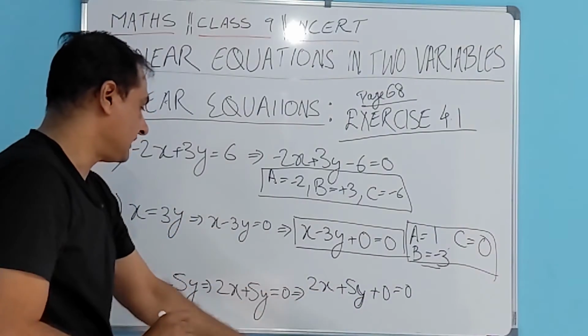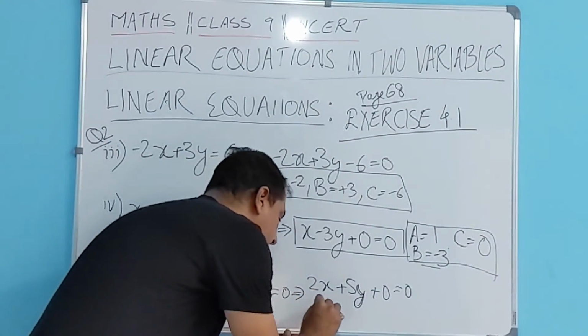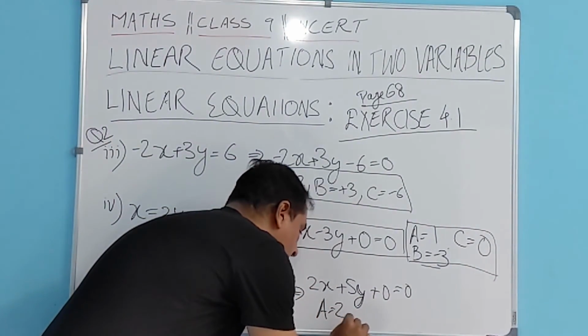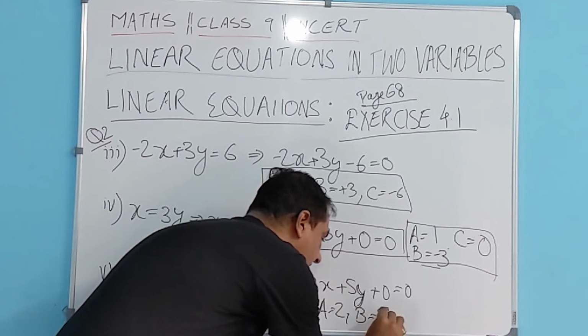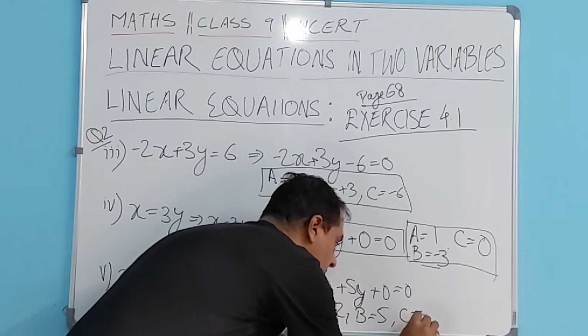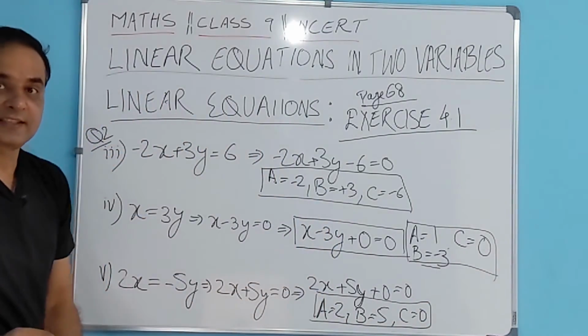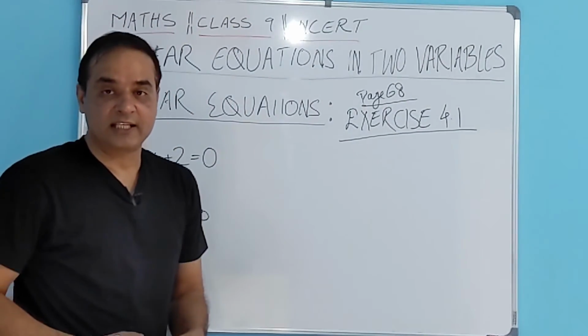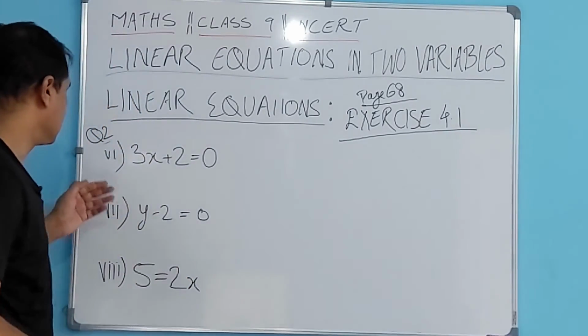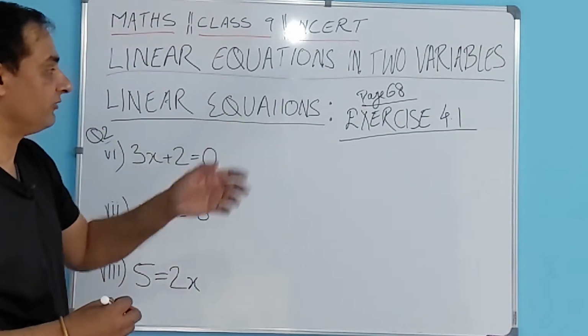Now here if we say a is 2, b equals to 5 and c equals to 0. This is the answer.